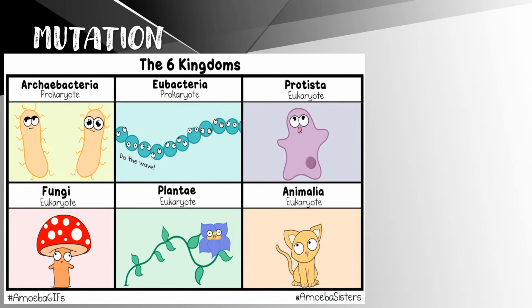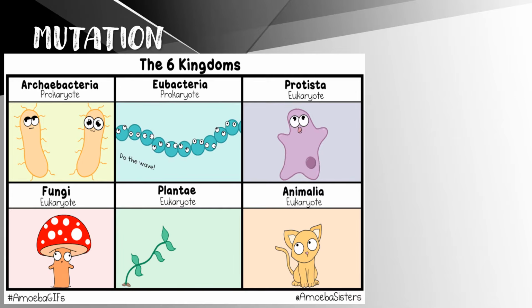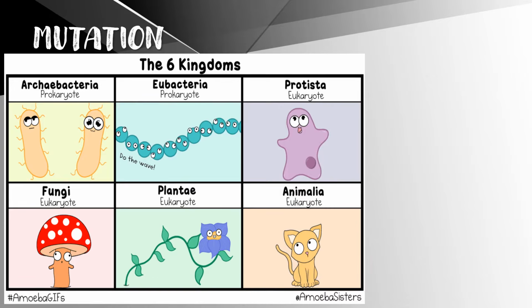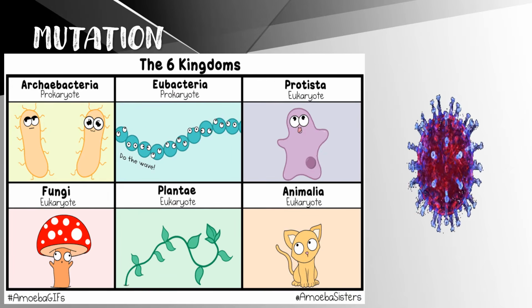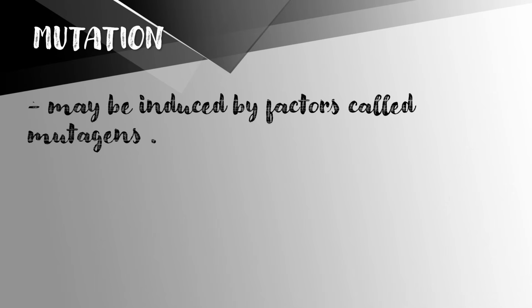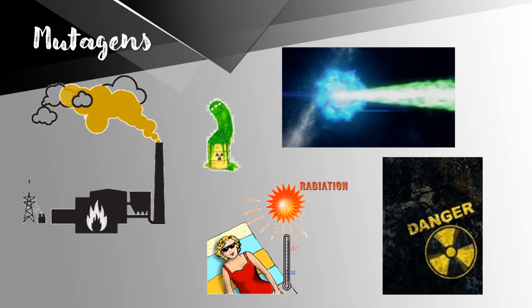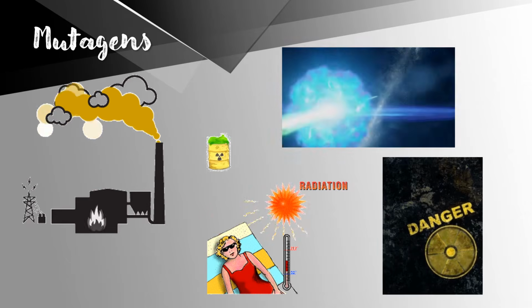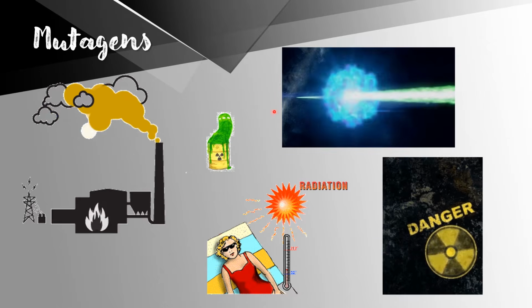Pwedeng magkaroon ng mutation sa Archaebacteria, Eubacteria, Protista, Fungi, Plantae, and Animalia, at kahit na sa virus. Mutation may be induced by factors called mutagens. What are mutagens? Mutagens are common in the form of toxic chemicals and harmful radiation.